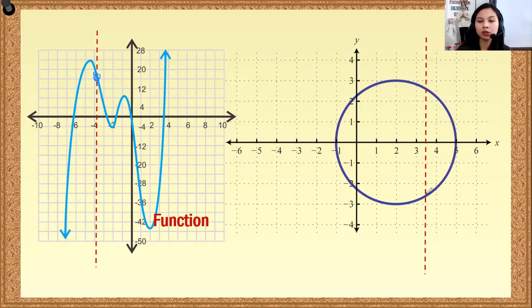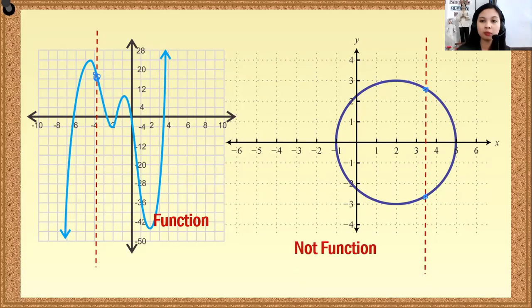Okay? Unlike dito po, ayun, di ba? Pareho po. Okay? May dalawang na-intersect po. So, ibig sabihin, meron pong value dyan ng y na pareho yung x po nila. Okay? So, this is considered not a function po.